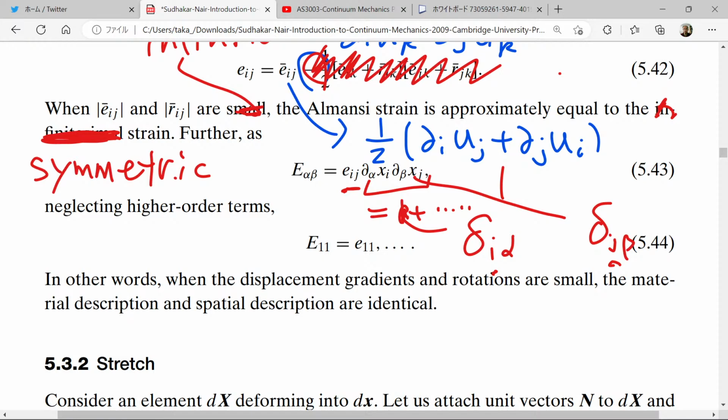So large E11 equals small e11. In other words, when the displacement gradients and rotation are small, the material description and spatial description are identical.